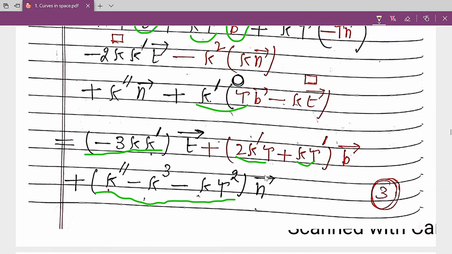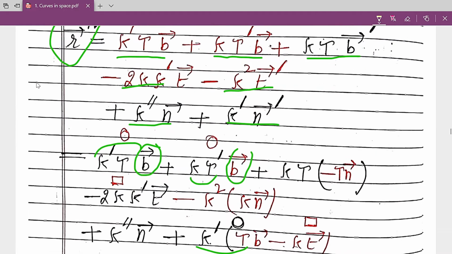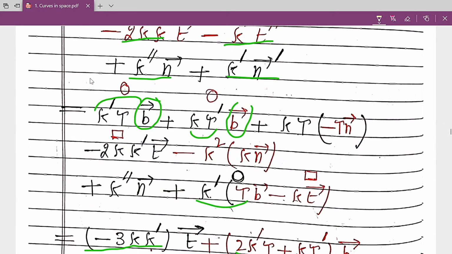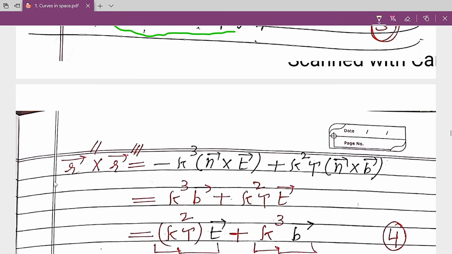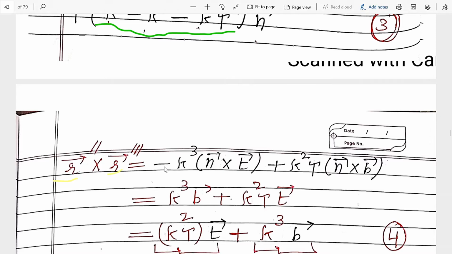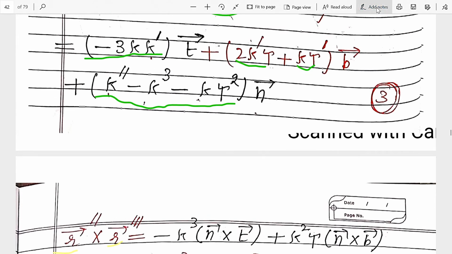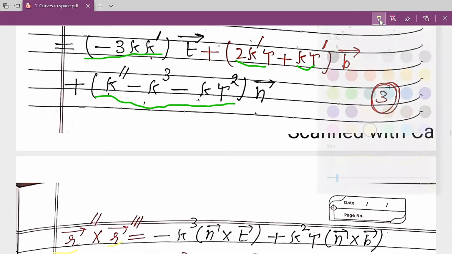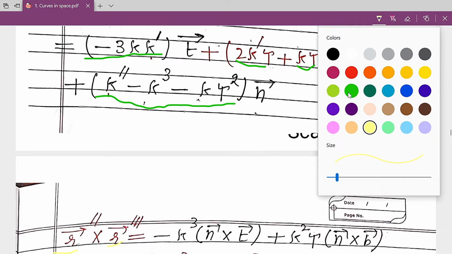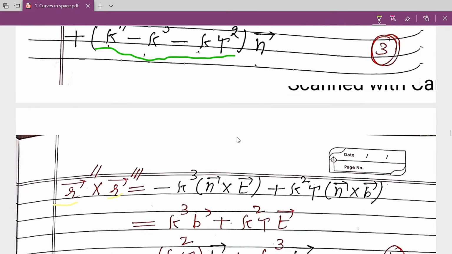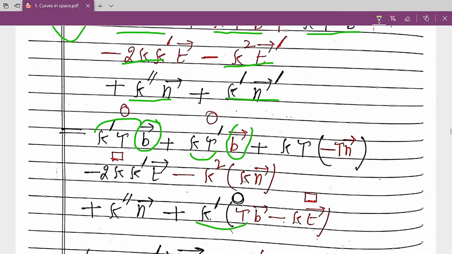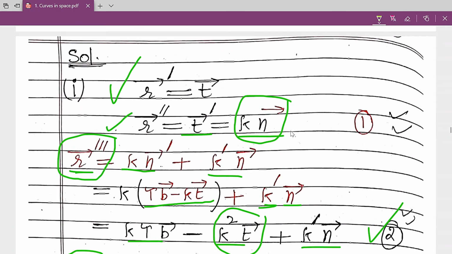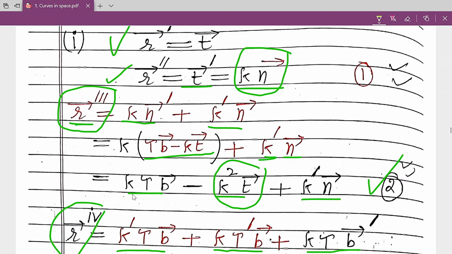Now equation number 3 is our fourth derivative vector, that is, the derivative up to the fourth. Now if we take the cross product of r double dash vector and r triple dash vector, where one is r double dash, kappa n vector, and second is r triple dash, clear? Taking the cross product, n vector cross n vector will be 0.